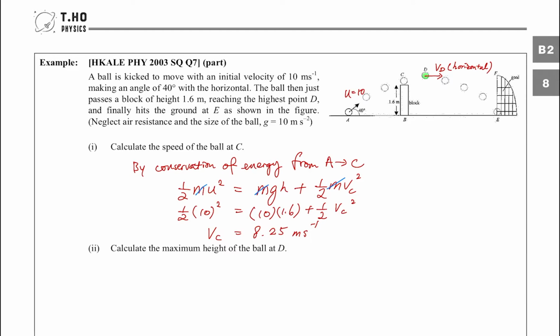So we can try to think of it in this way. Originally, when the ball is at point A, we can resolve the velocity into a horizontal part, which is 10 cosine 40 degrees, and its vertical part, u_y, which is 10 sine 40 degrees.